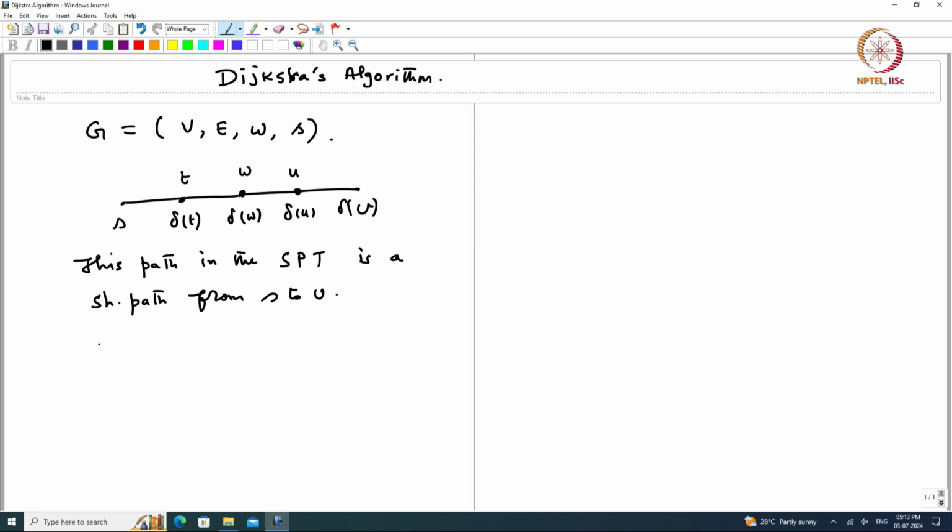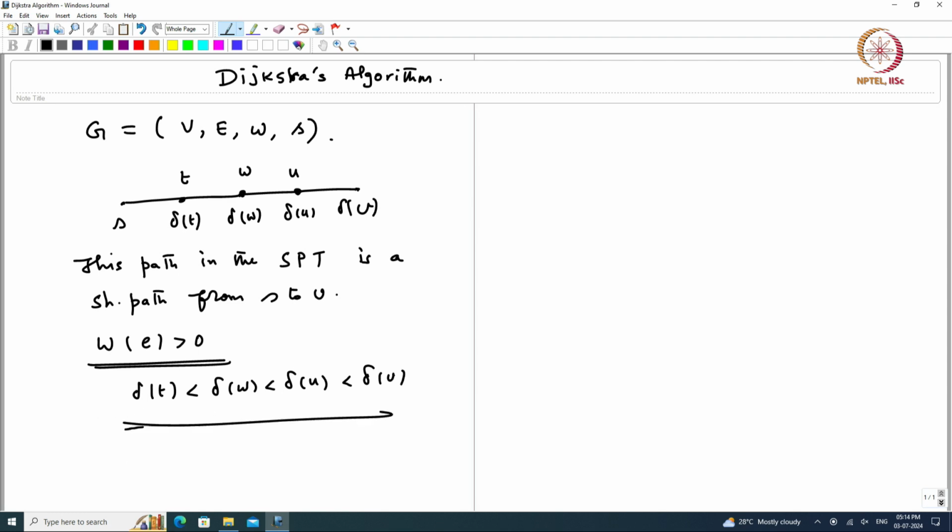Of course, graph is arbitrary, special kind of weight function where all weights are positive. It is a very practical case. Since all weights are positive, if these are the shortest path distances, then delta T is less than delta W, is less than delta U, is less than delta V, okay, because all edge weights are positive.